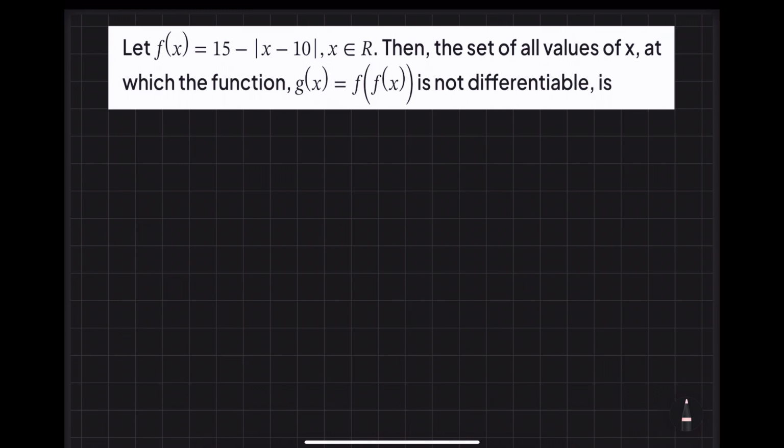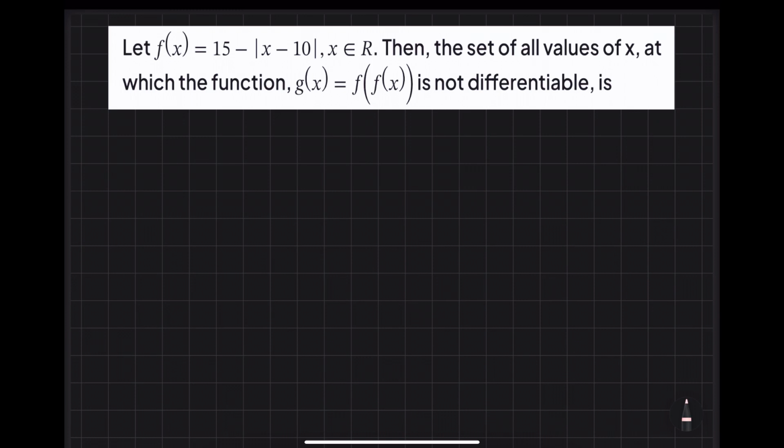So the idea is, whenever you are handling questions of differentiability, you can go by two methods. Method number one is the graphical approach. You have to draw the graph of the whole question, and then observe the graph. If you have a sharp turn, the function is not differentiable.